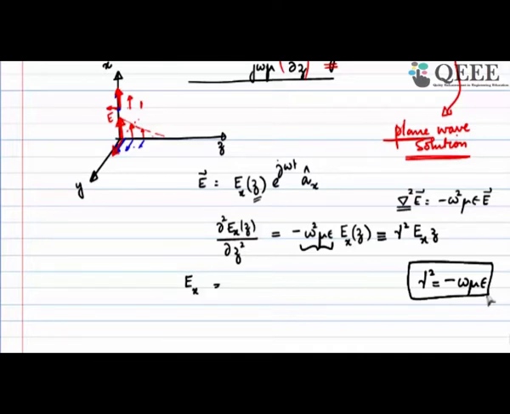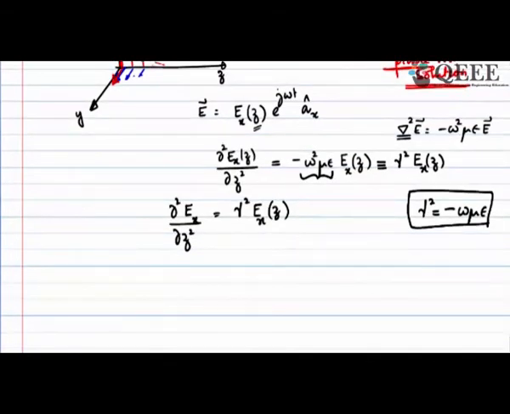This is my gamma square. In this case, del square Ex by del z square is gamma square Ex(z). Remember, these are scalar equations. I'm writing for the x component of the electric field.